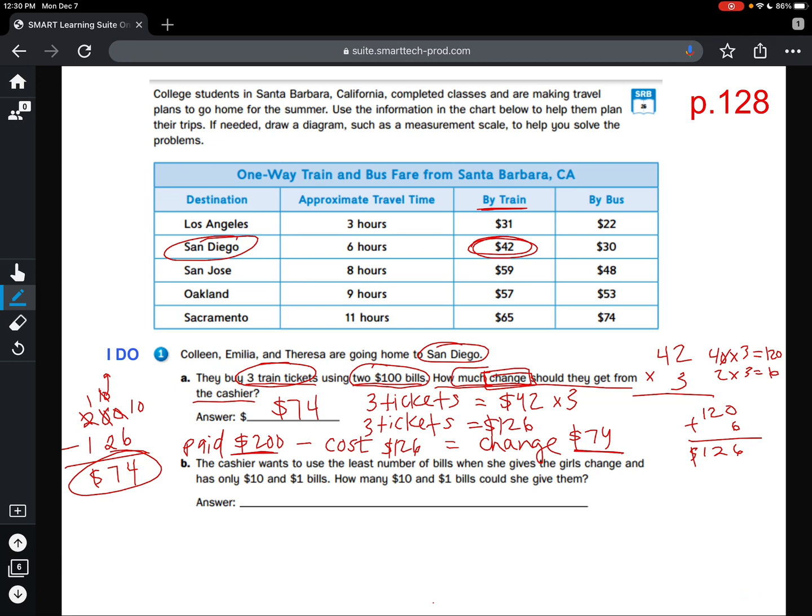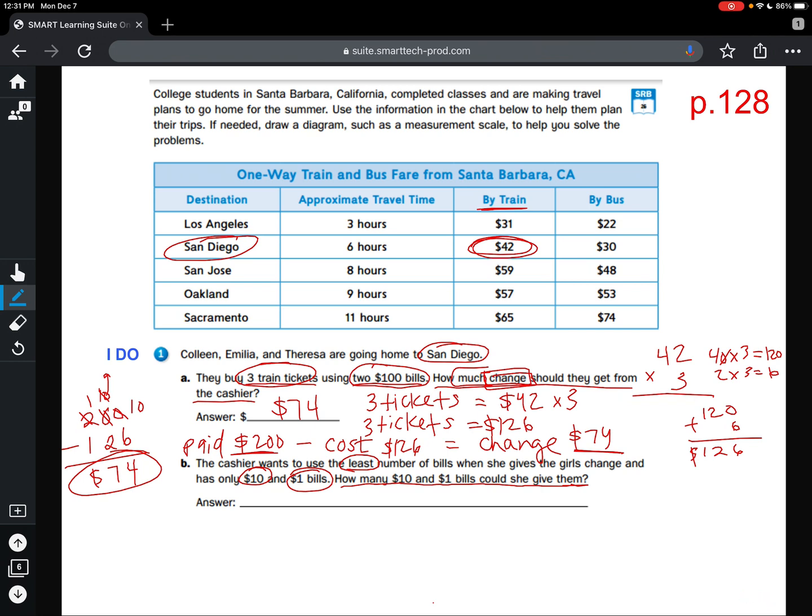Now, let's look at part B. The cashier wants to use the least number of bills when she gives the girls change, and only has $10 bills and $1 bills. How many $10 and $1 bills could she give them? So she wants to give them the least number of bills.